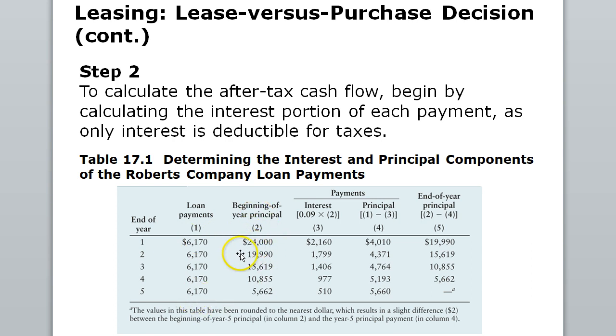As we pay our loan payment, it reduces our principal after we account for interest, and interest is 9% of the principal. The principal reduction is the payment of $6,170 minus the interest, and it reduces the principal for the following year. This is the end-of-the-year principal, based on the reduction, and it gets moved into the beginning-of-the-year principal.